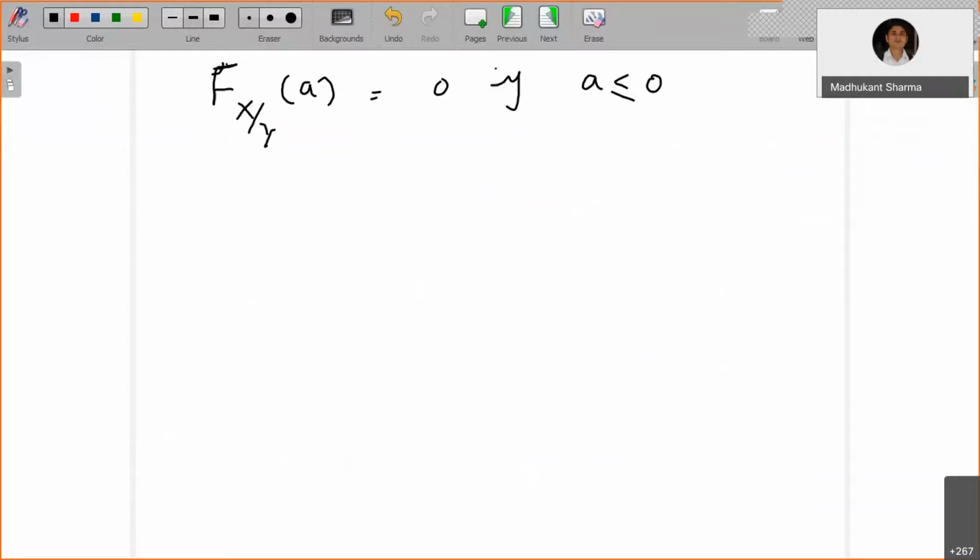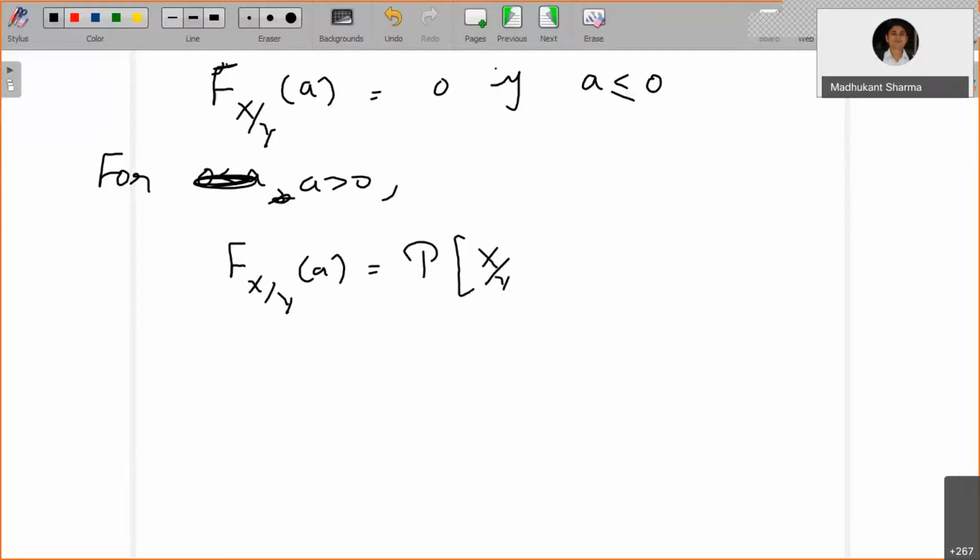Now for the case a greater than 0, we are looking at this. F of X by Y at a is defined as the probability that X by Y is less than or equal to a. Since Y is non-negative, this is equivalent to X less than or equal to aY.